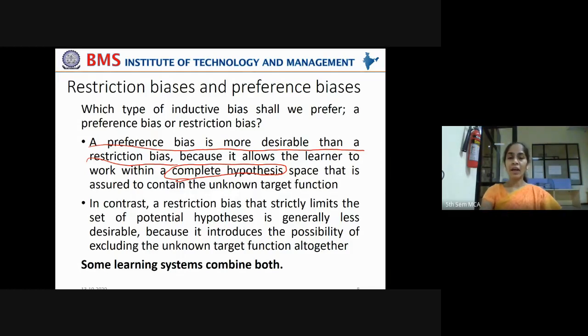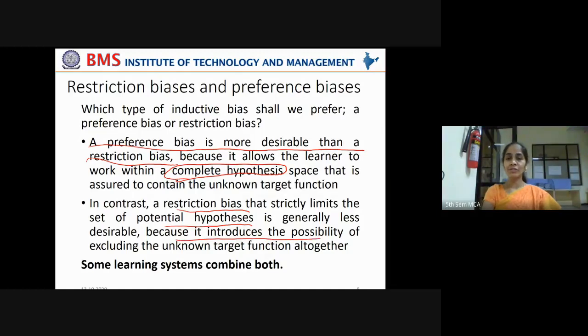Now, in contrast, what does a restriction bias do? A restriction bias that strictly limits the set of potential hypotheses is generally less desirable. We try to overcome that kind of restriction bias. Why?